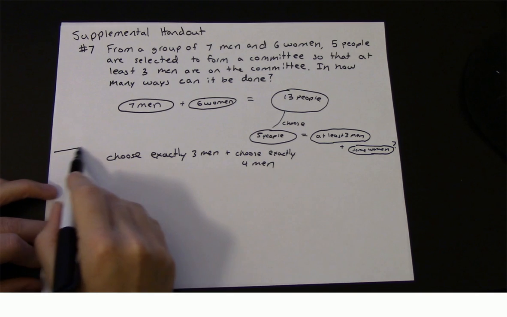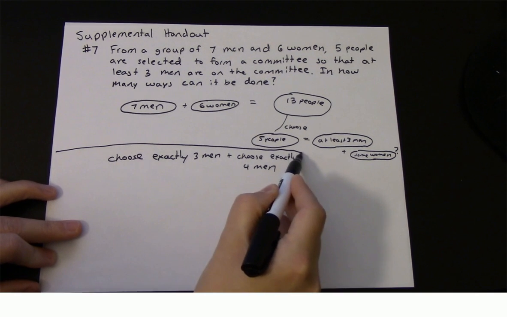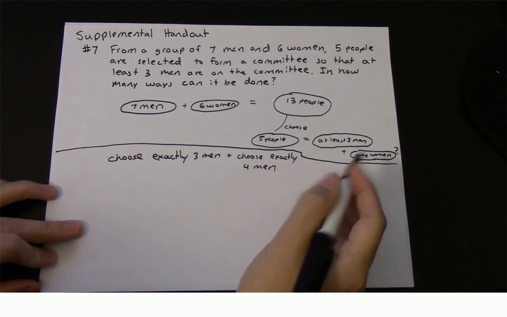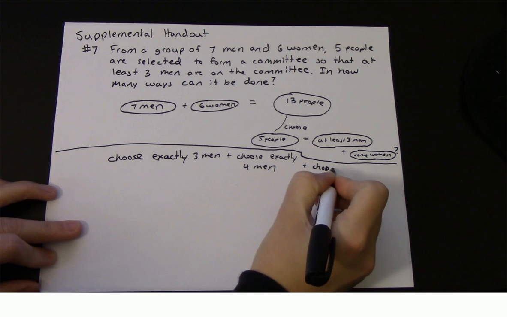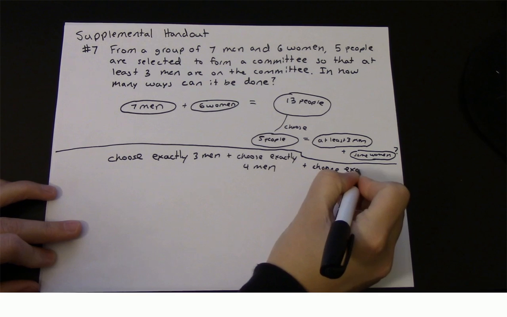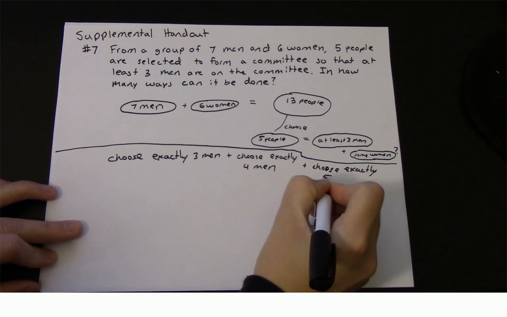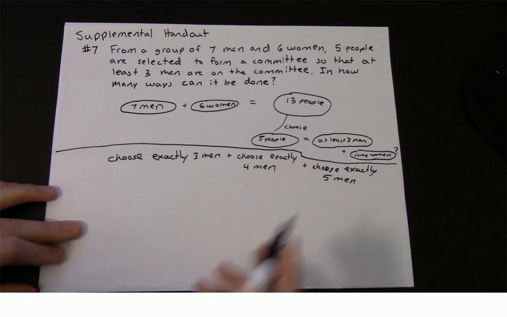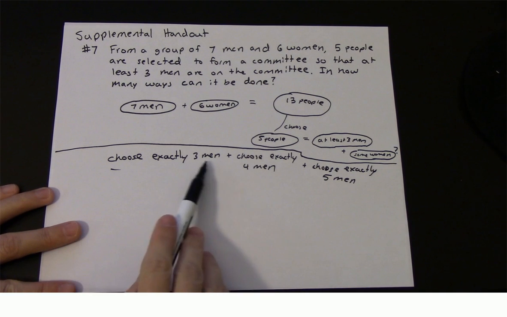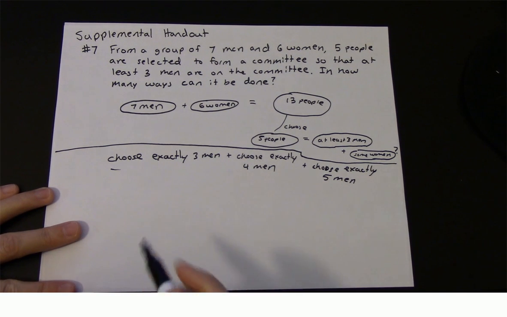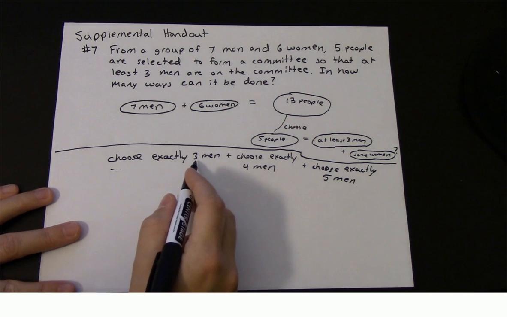Choosing exactly 4 men is still choosing at least 3, right? And then we would add that to the number of ways that we are going to choose exactly 5 men. So the number of ways you can get at least 3 would be the sum of these.